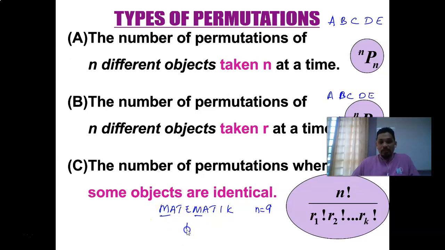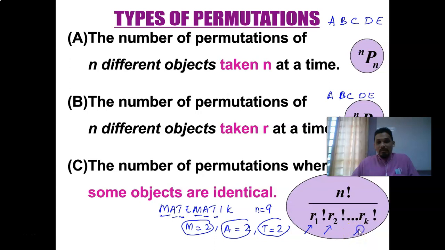M, M. So M is repeated twice. A, and also A. A is repeated twice. T, and also T, repeated twice. So E, I, K appeared once only. So this represents what we call objects that are identical. It means repeated a few times, more than once.